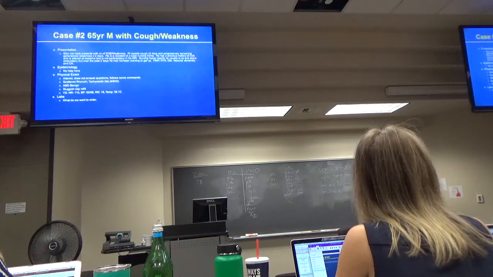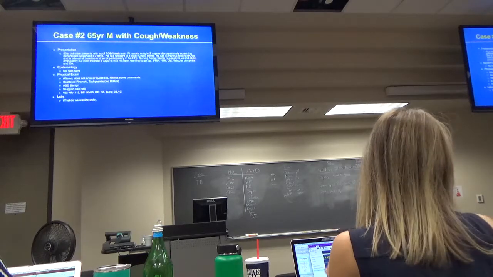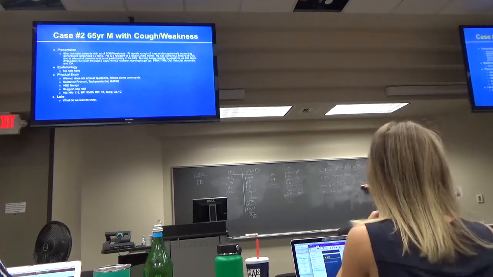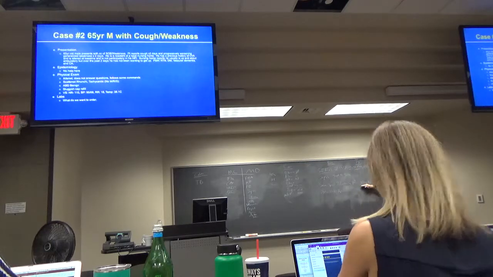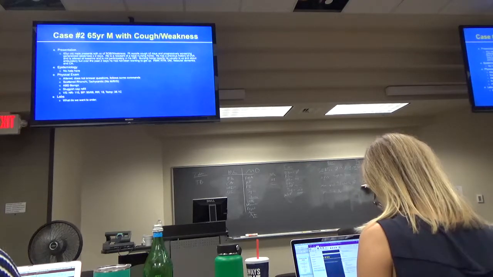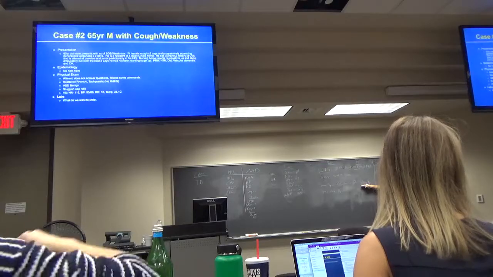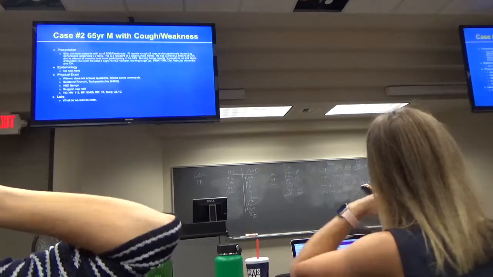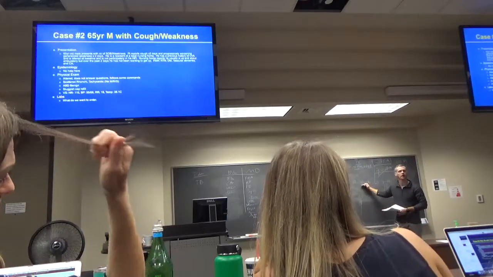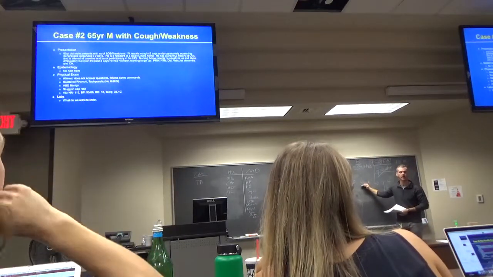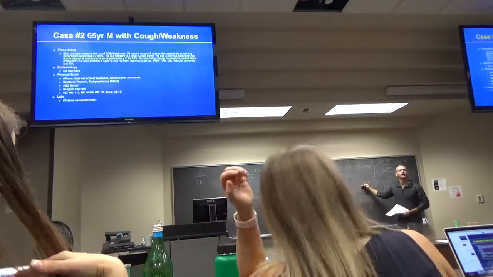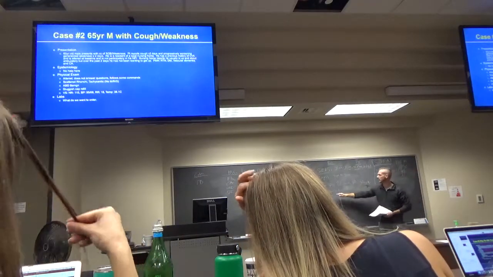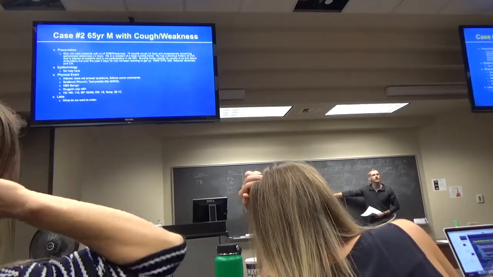Now personally, I think that these little algorithmic roadmaps can be a little wrong sometimes. I think sometimes you don't need to give that much fluid to some people. I think some people require more. Are you going to give 30 cc per kilogram to somebody who has stage 4 congestive heart failure and who's septic? Probably not.